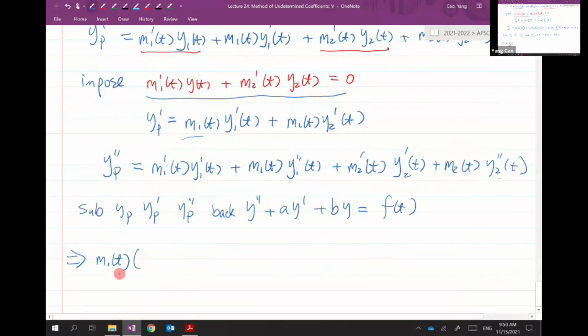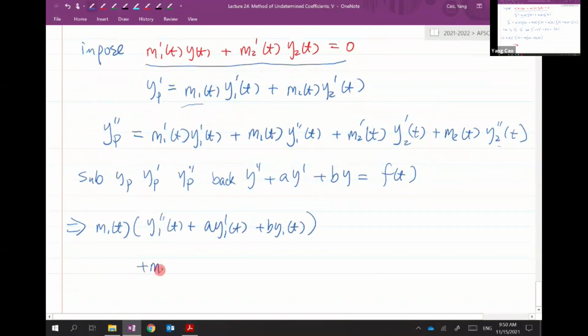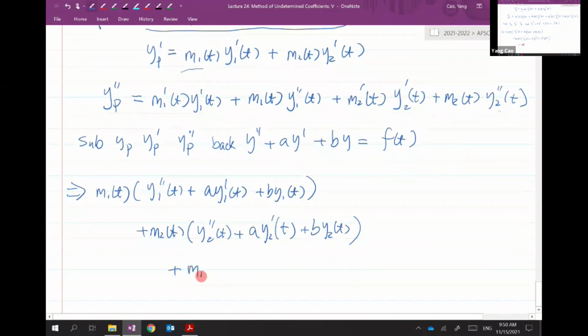So the terms with common coefficient m1 of t end up as y1 double prime of t plus a y1 of t plus b y1 of t. And you also end up with the m2 common coefficient terms. And the last one, you have m1 of t. Let me just finish writing this, and then we can call it a day.